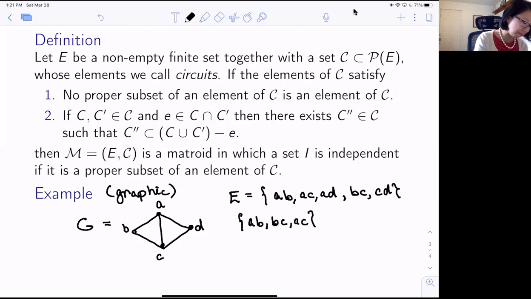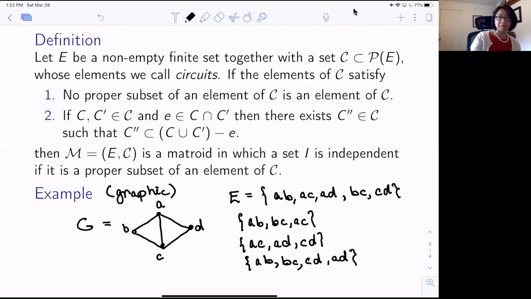That's a triangle. Another circuit is the set AC, AD, CD. That's another triangle. And there's also a third circuit here, which is the 4-cycle: AB, BC, CD, AD. So those are all circuits.